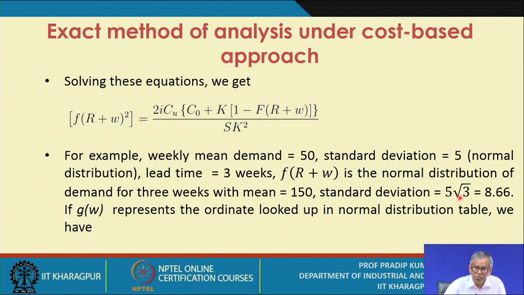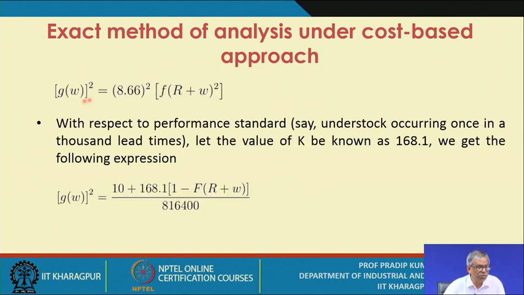Here n equals 3, so it is 5 into root over 3, that is 8.66. So if G(W) represents the ordinate looked up in the normal distribution table, we have this solution, that means G(W) square equals 8.66 square into these expressions.